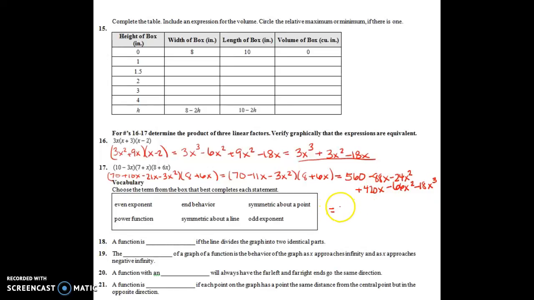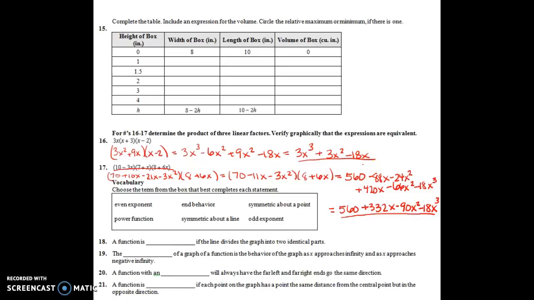So my final answer, number 17, is 560 plus 332x minus 90x squared minus 18x cubed. Again, to verify, you just plug in your final equation into your calculator and the original and see if they're the same graph.